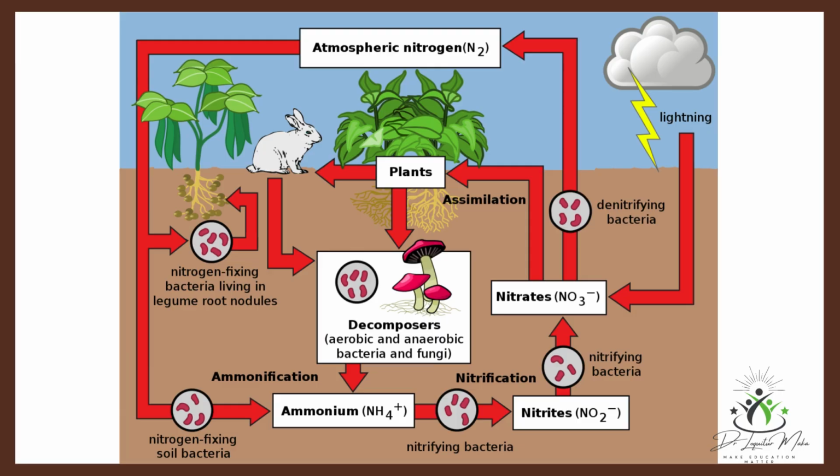Now what happens here is that nitrogen in the atmosphere, which is primarily available in an inert form, is converted into a usable form of ammonia. This is NH3, right?